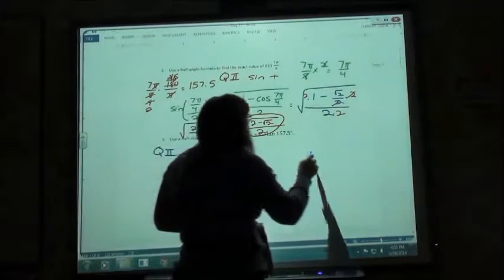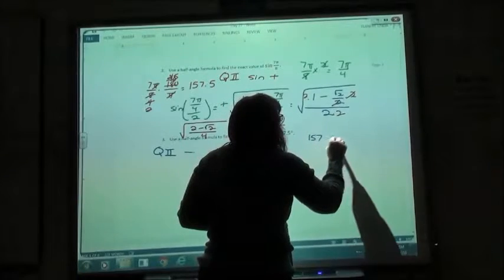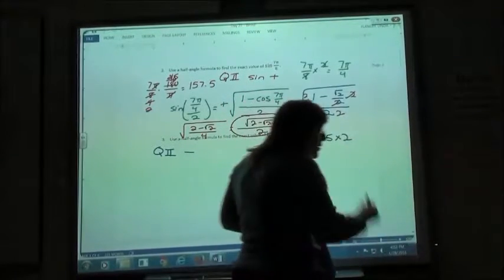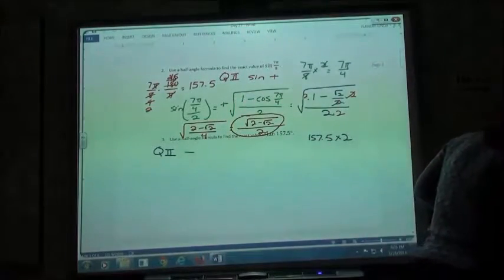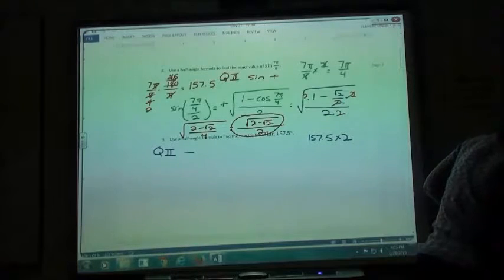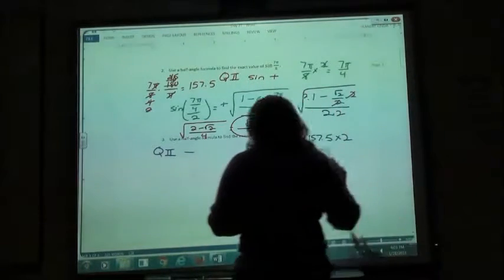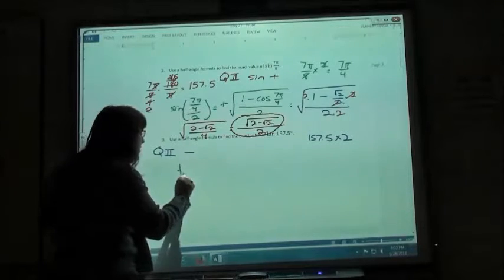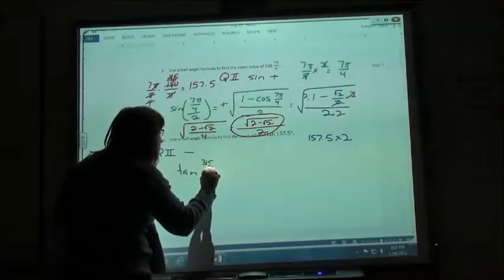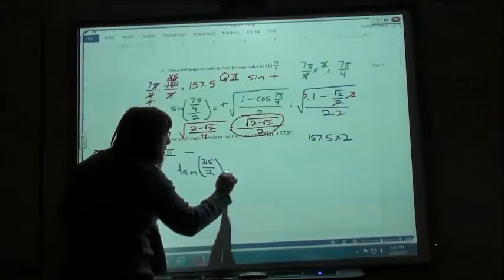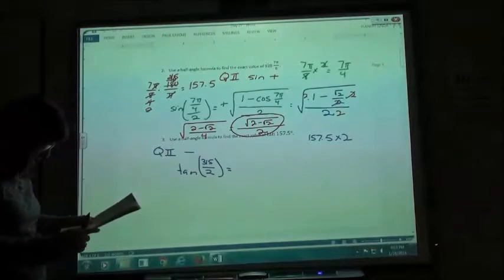Again, I'm going to go ahead and double that. 157.5 times 2, I'm going to do it on my calculator, is 315 degrees. So we're going to do the tangent of 315 degrees over 2, and then we're going to pick one of our formulas.